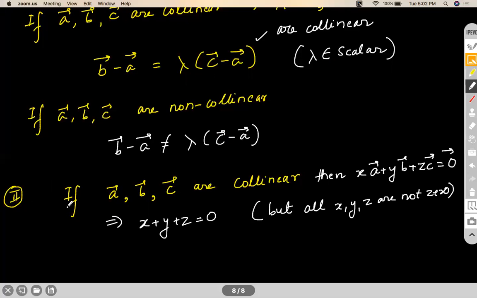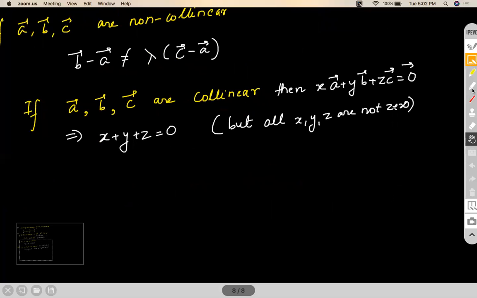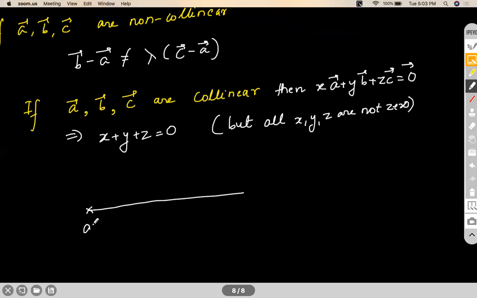This is a slightly tricky way. But what is the core principle behind this particular concept? It is basically hinting to the fact that if 3 points are collinear, then one must divide the join of the other in some ratio, right? So there has to be a division happening, correct?